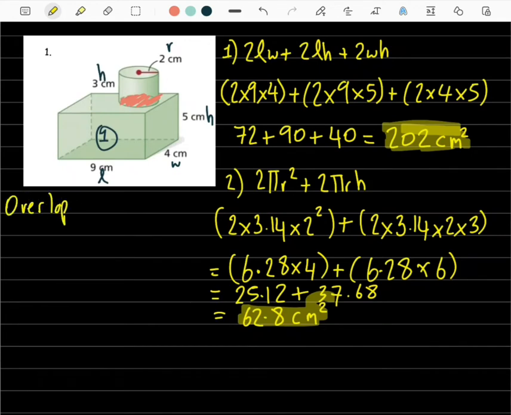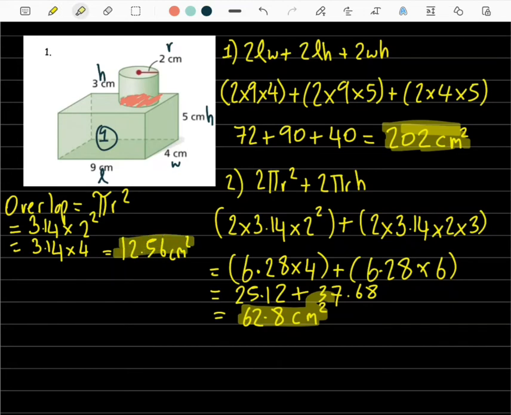We see that the overlap is in the shape of a circle. How do you find the area of a circle? It is pi r square, right guys? Again, let's take the value of pi as 3.14 multiplied by the radius 2 to the power of 2, which gives us 3.14 times 4, which is 12.56 centimeter square. Let me highlight it. So this is the area of the overlap.